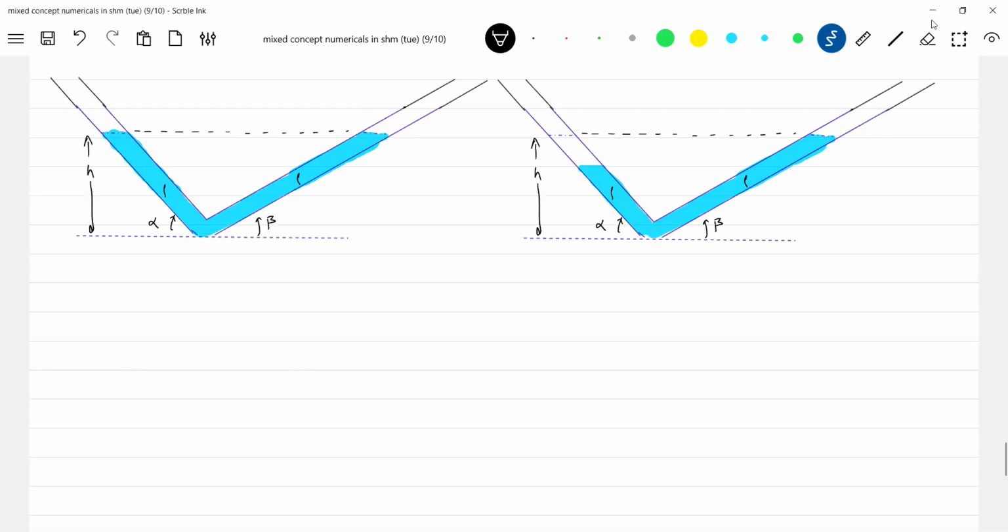I'm making things clear. The liquid column is slightly pressed and released, so it's going to execute SHM. What about the displaced liquid? That particular liquid column will come here, so we'll show it like this. It'll be easier for us.